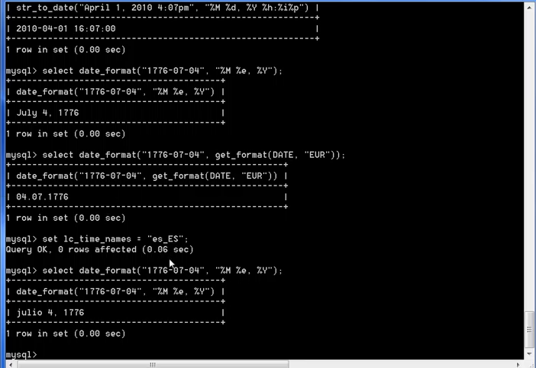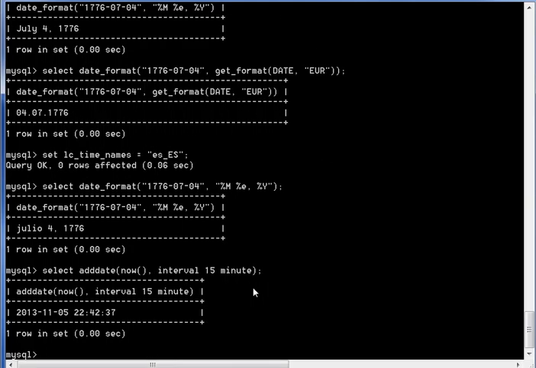So the 4 interval adding and subtracting functions we just mentioned take a date time and add or subtract an interval. So 15 minutes from now, for instance, would be ADDDATE(NOW(), INTERVAL 15 MINUTE). And at this point, that's 10:42 in the evening.